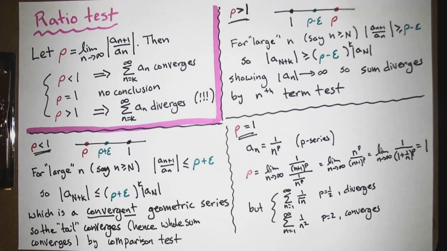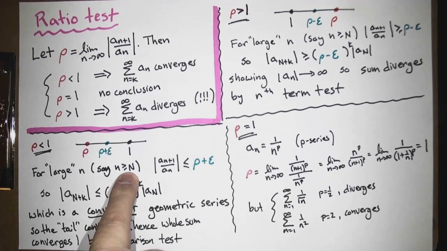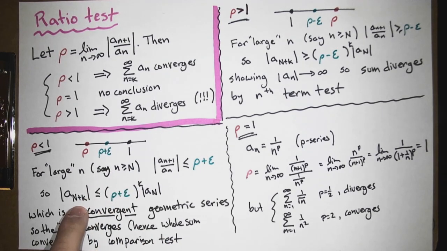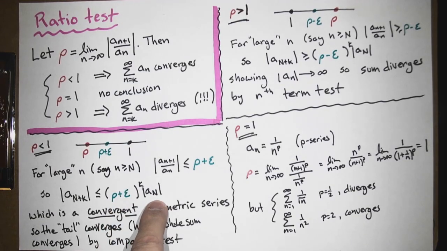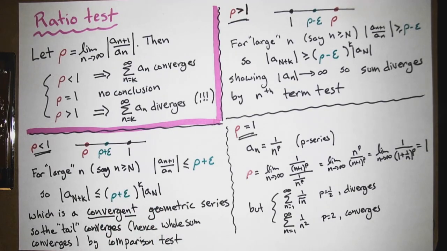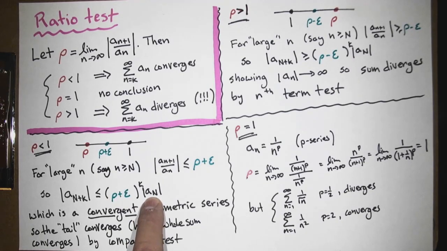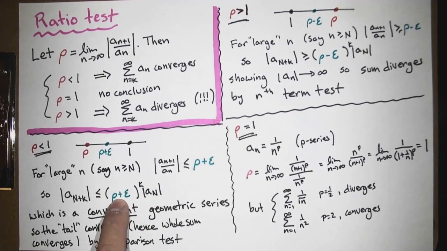So if I want to go k terms past this point where I'm small, then a_{n+k} is less than or equal to (rho plus epsilon)^k times a_n. Now, what does this look like? Well, it looks like an initial piece, which is fixed, and then something to the power k.